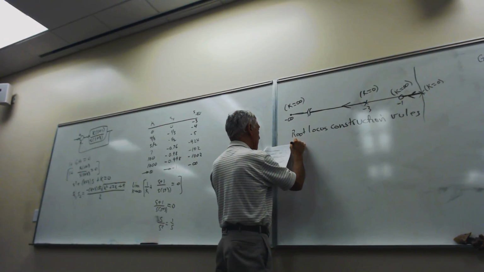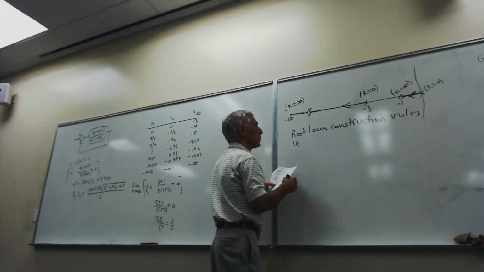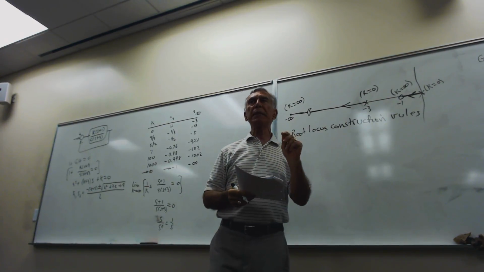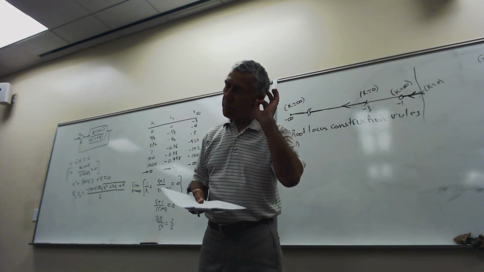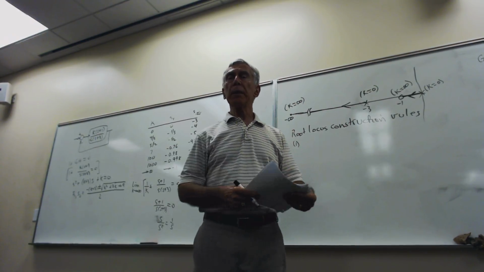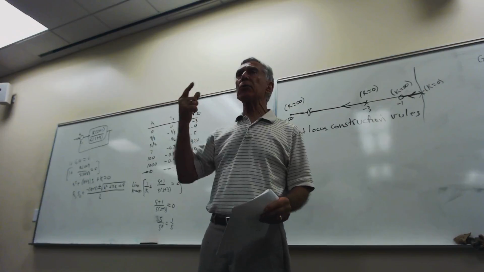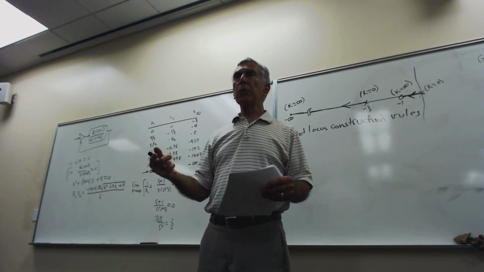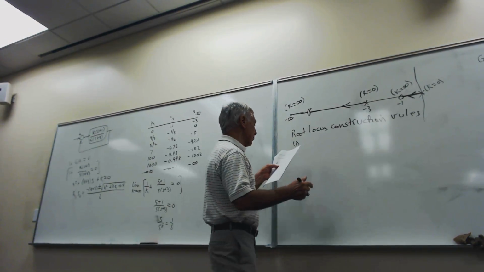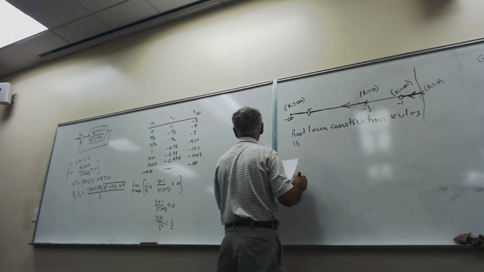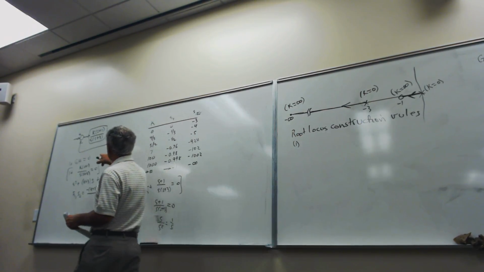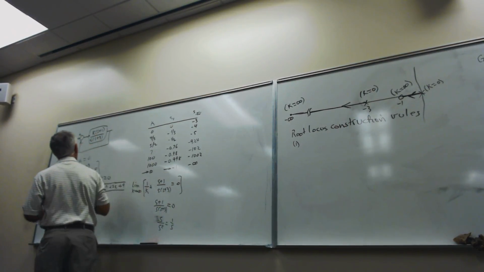So the first one is that the root locus always begins at the open loop transfer function poles, right? Begins, what does that mean? K equals 0. We have a pole at the origin, a pole at -3.